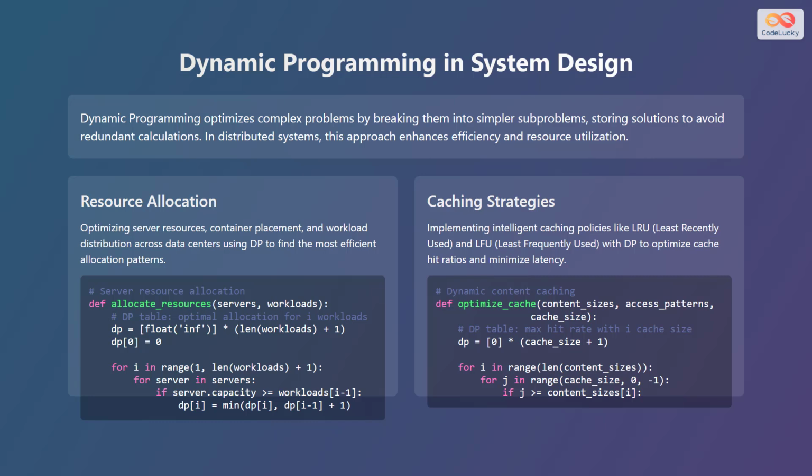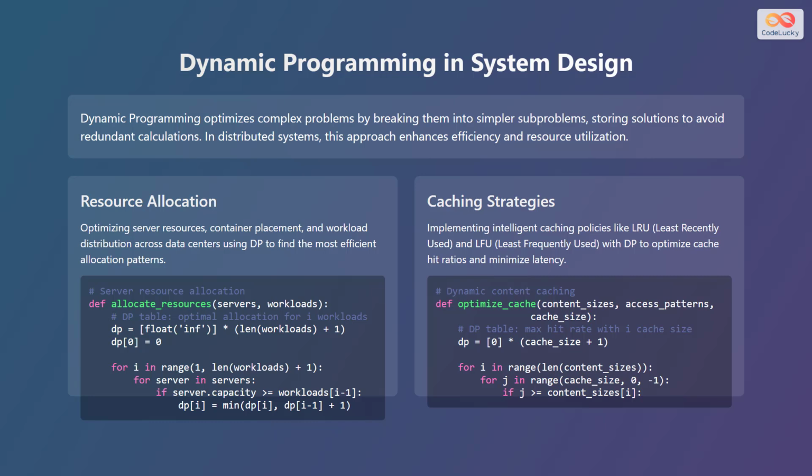Dynamic programming optimizes complex problems by breaking them into simpler subproblems, storing solutions to avoid redundant calculations. In distributed systems, this approach enhances efficiency and resource utilization. DP can be used in resource allocation. This helps in optimizing server resources, container placement, and workload distribution across data centers, using DP to find the most efficient allocation patterns.